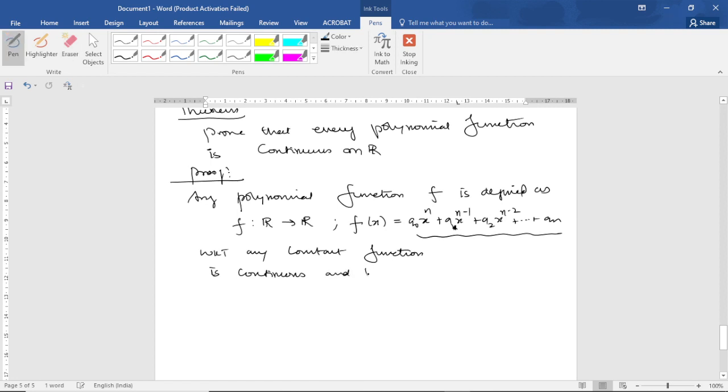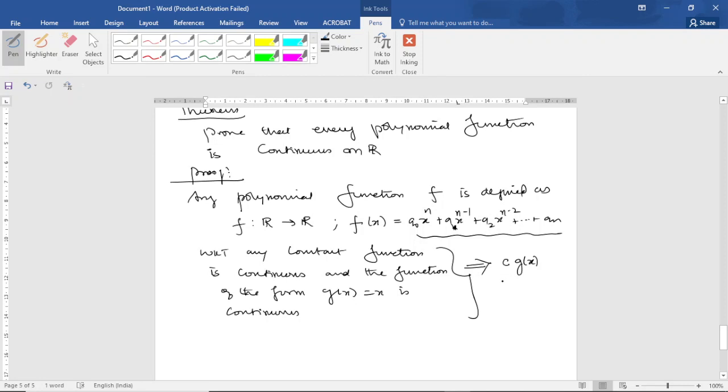and the identity function, the function of the form g of x equal to x, is continuous. This implies that a constant function is continuous and g of x is also continuous.